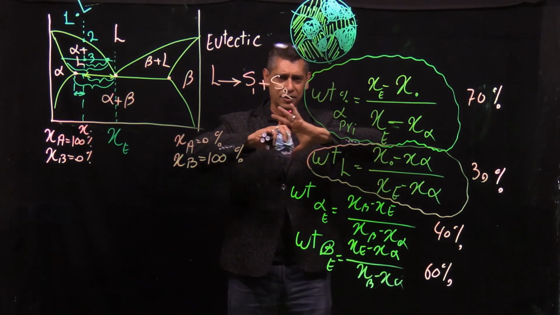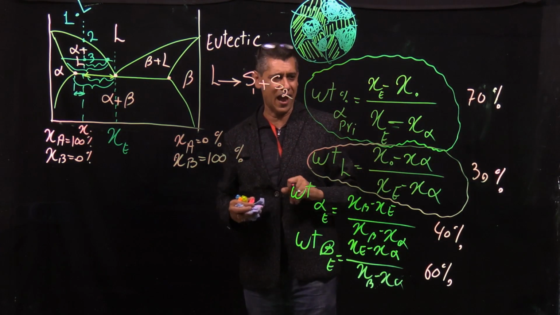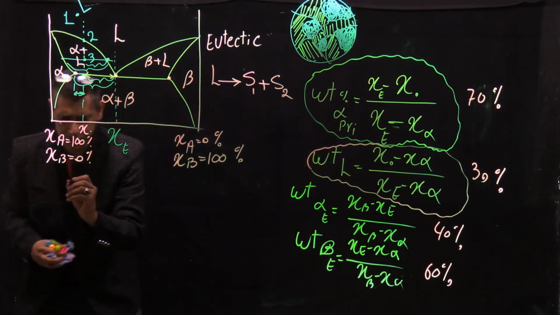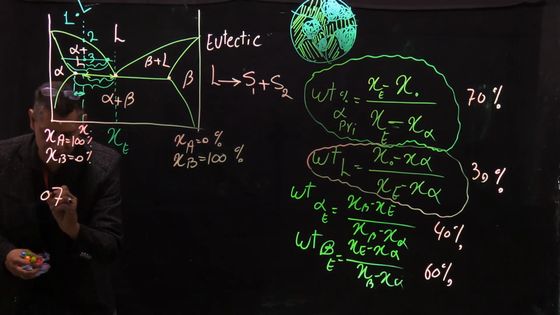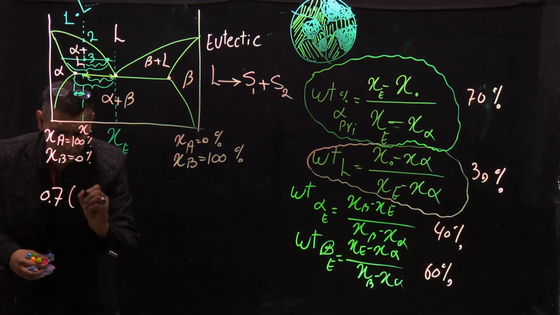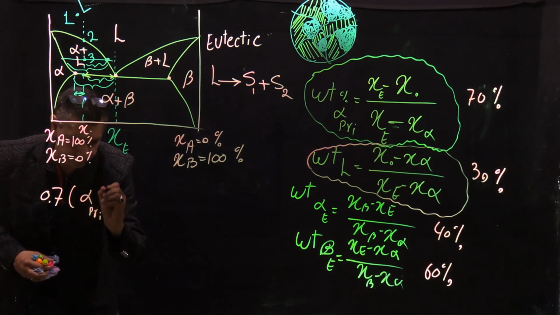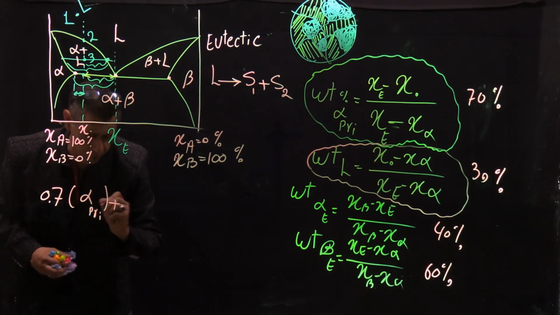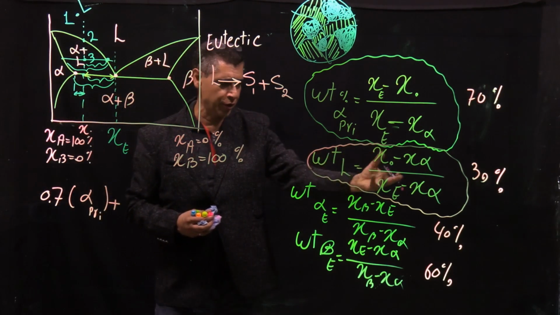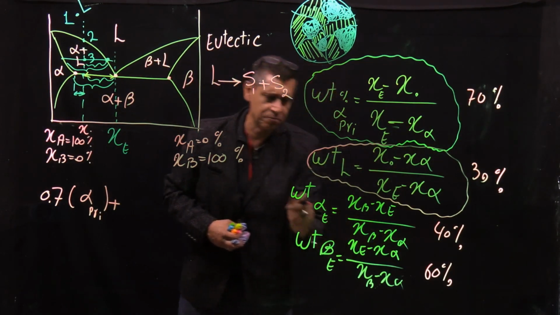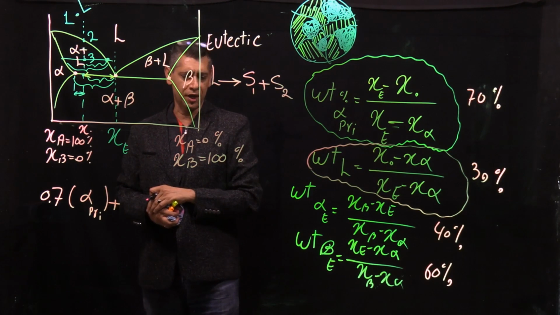So now, if I want to write the entire situation, see what I have: 70% or 0.7 of my alpha prime, plus I have 30% liquid, of which 40% become eutectic alpha.